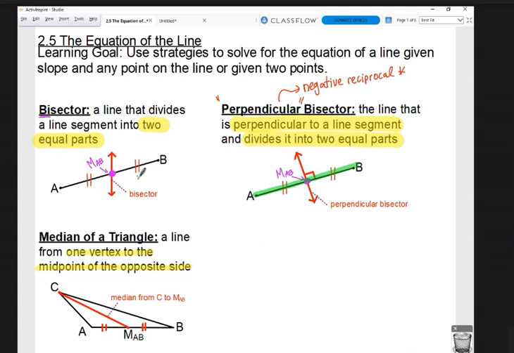So in this particular example, we have the median from vertex C to AB. So that's what we would say, from C to AB. And of course, because it's a median, it's got to go through the midpoint of that side. Yeah? Questions about that? Some new terminology, maybe?